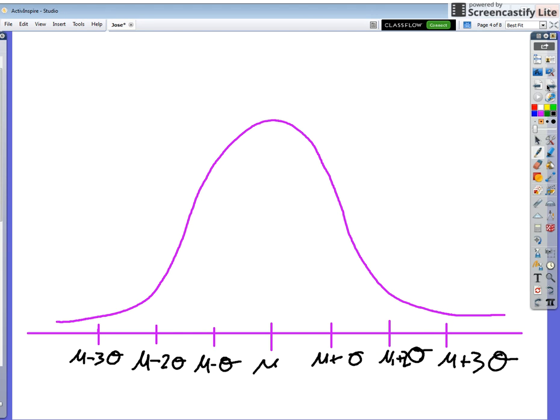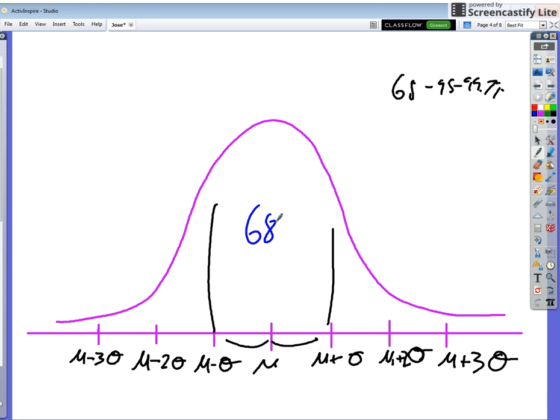So what about 99.7%? Here we can introduce the 68, 95, 99.7% rule. Going through it, within our first standard deviation, both left and right, where I'm adding and subtracting, we have 68% of our data.